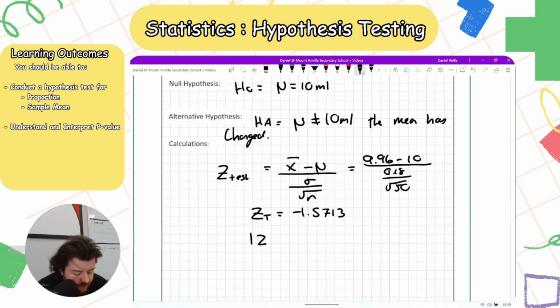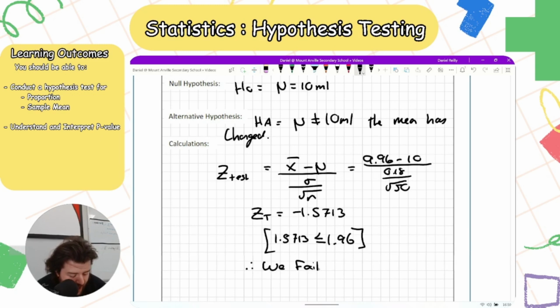Now, if the absolute value of this is greater than 1.96, we reject. But let's see what it is. The absolute value of minus 1.5713 is 1.5713. That is less than 1.96. Therefore, we fail to reject the null.